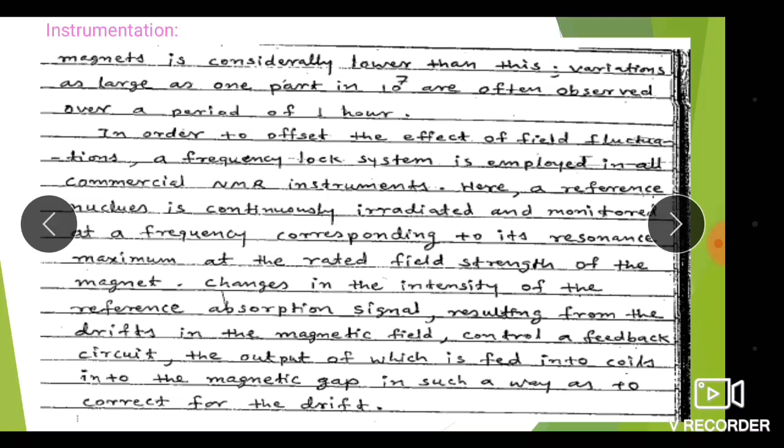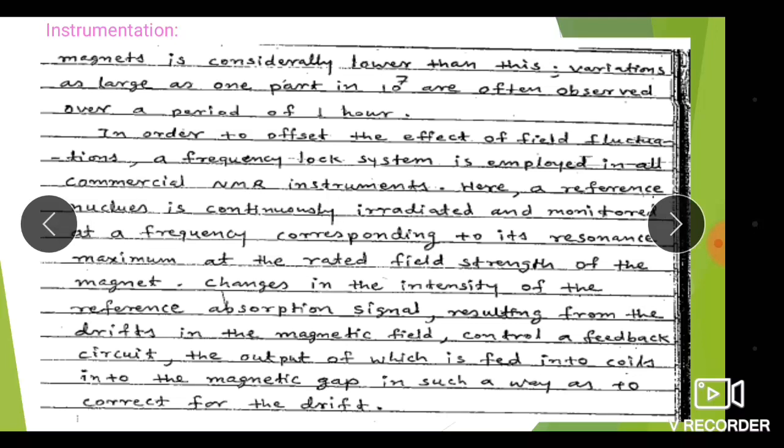So the alternative method used in the instrument is that in the reference cell, the sample is continuously irradiated with a stable frequency and monitored at the related field strength of the magnet. Changes in the intensity of the reference absorption signal result from drifts in the magnetic field.